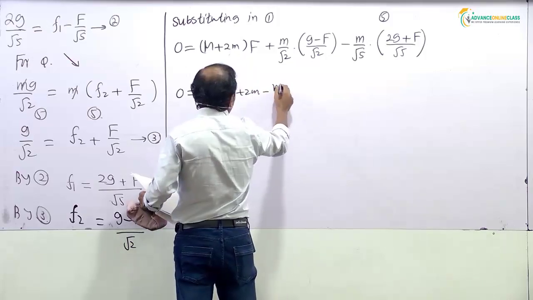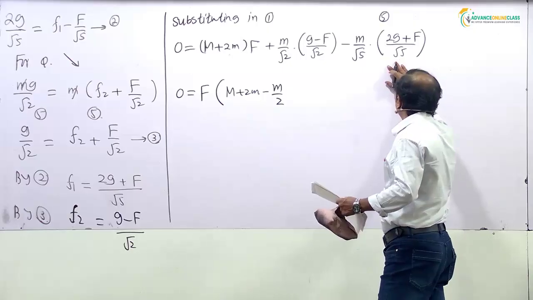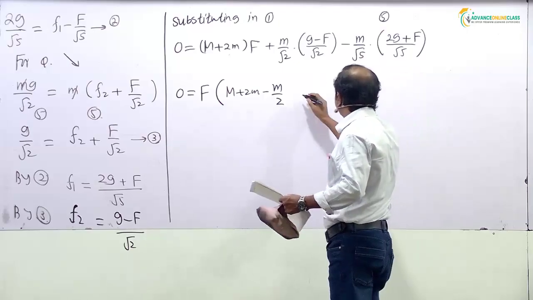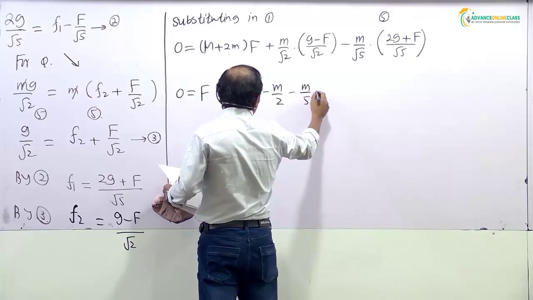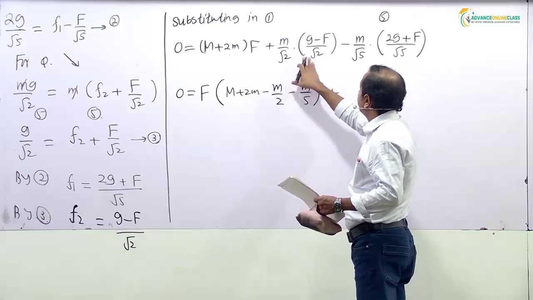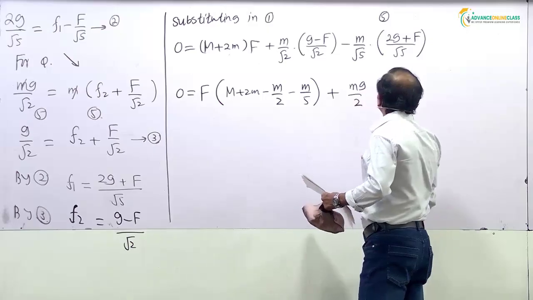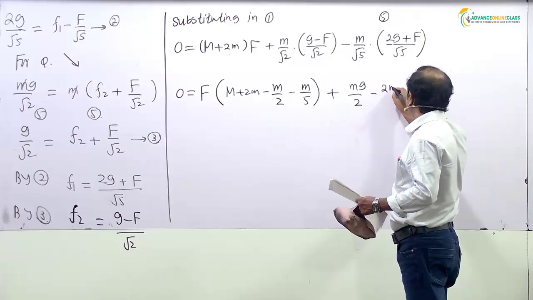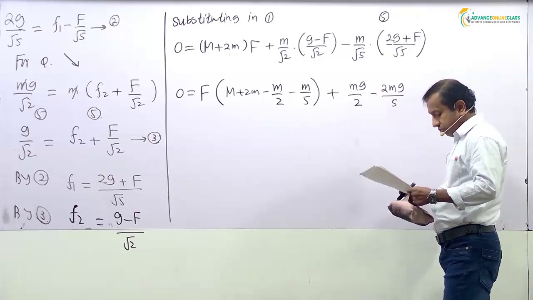If we take out m by 2, here root 5, 5, m by 5, F is outside, minus m by 5. Next one's here, root 2 mg by 2. Here minus 2 mg by 5.